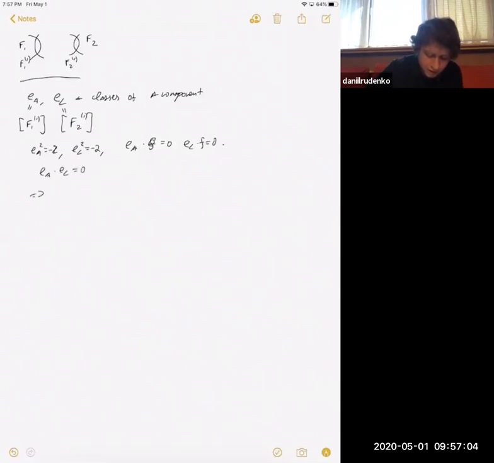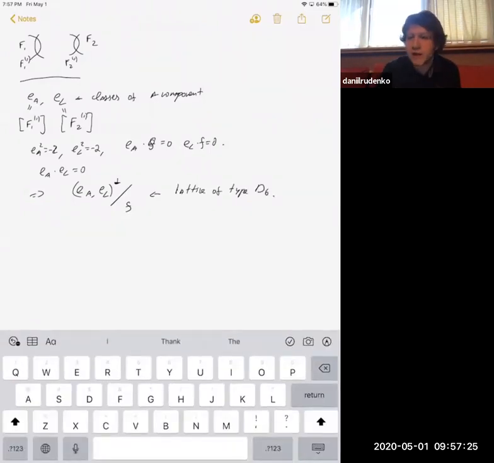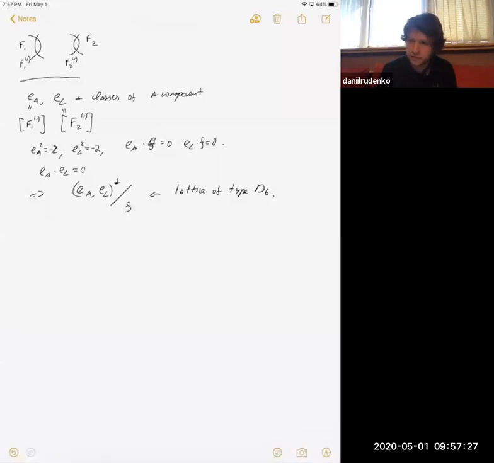And so eventually one can look at the lattice EA, EL orthogonal factored over F. And this has clearly rank 6. And this is a lattice of type D6. So in particular, the Weyl group acts on it, and this will be important later on.